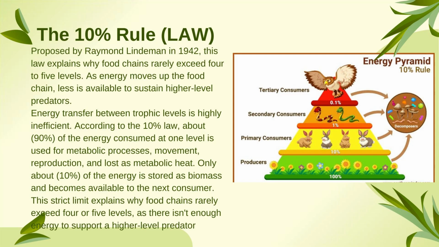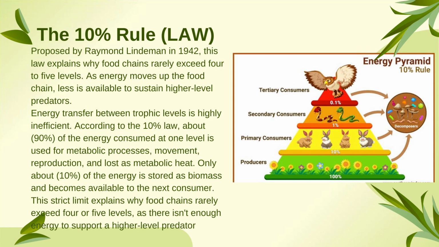Why is this? Because the energy transfer between these trophic levels is highly inefficient. According to this 10% rule, about 90% of the energy is consumed at one level and only 10% will be transferred to the next level.